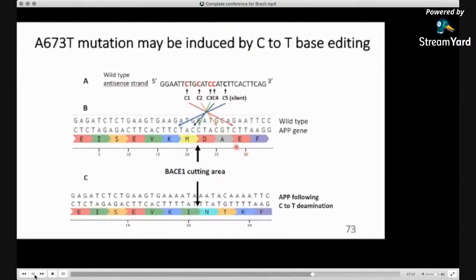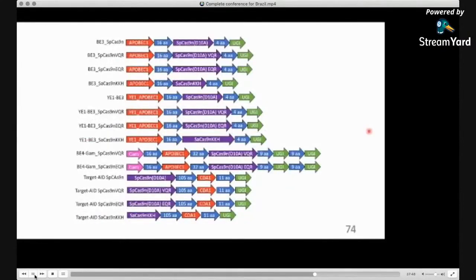The main problem with this approach is that although we want to modify the cytidine in the antisense strand of the alanine codon, there are other cytidine nucleotides nearby that are also affected by the base editing approach. We have constructed 14 different base editing enzymes to be able to modify more specifically cytidine in the antisense codon of alanine.